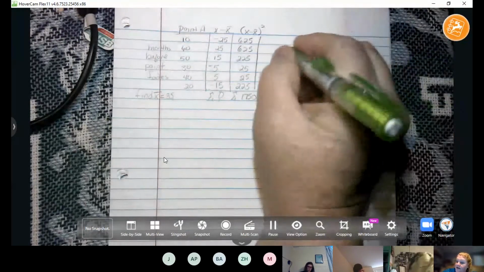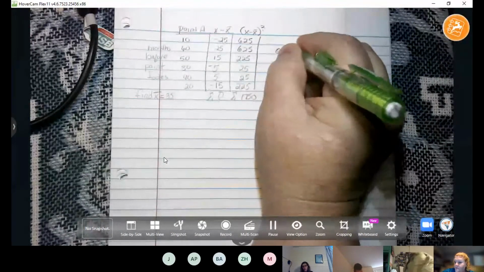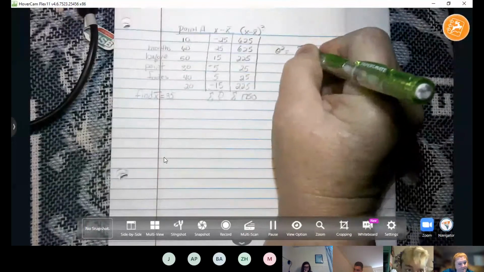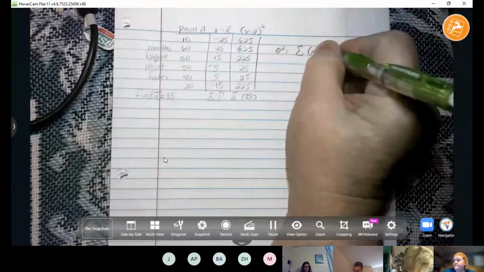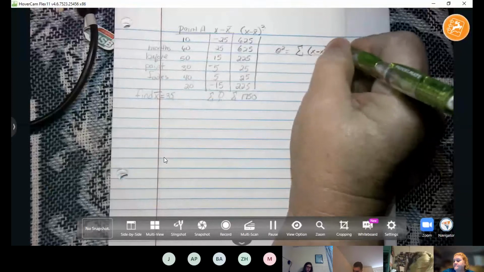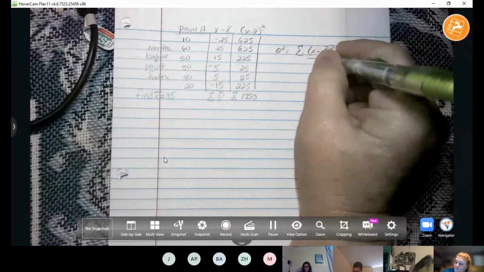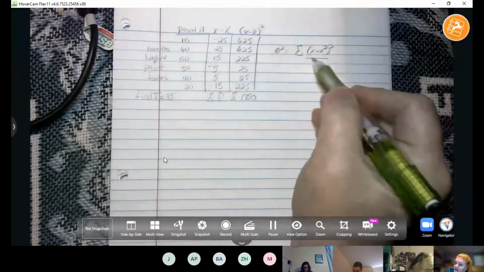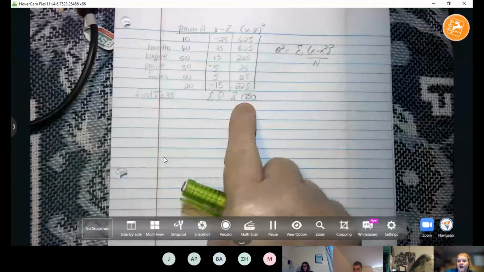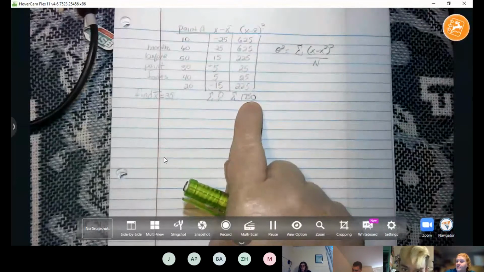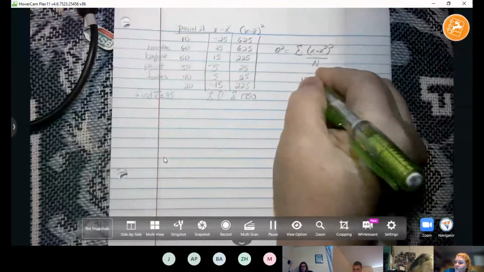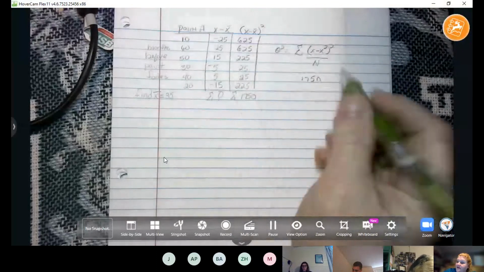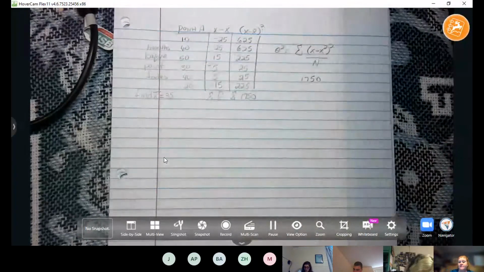So we're ready to go over here and put it into our variance formula for the population. If we put this into the formula, everything that's in that numerator is right there in that number, 1750. We have done everything that's in that formula.